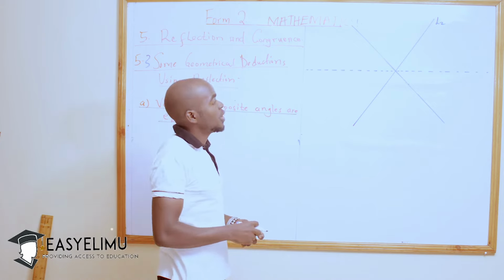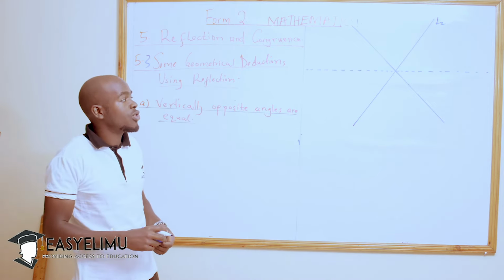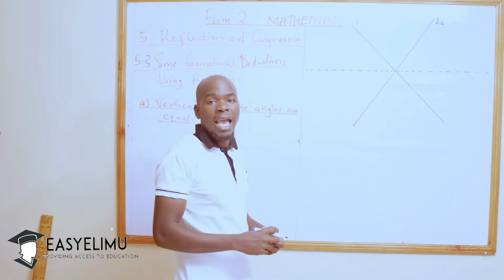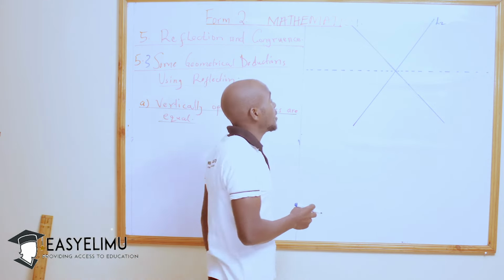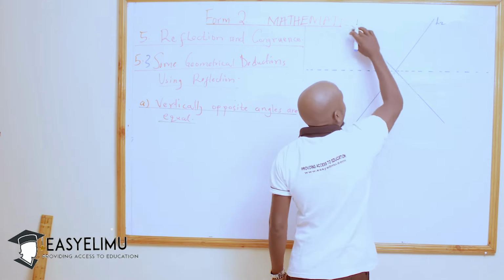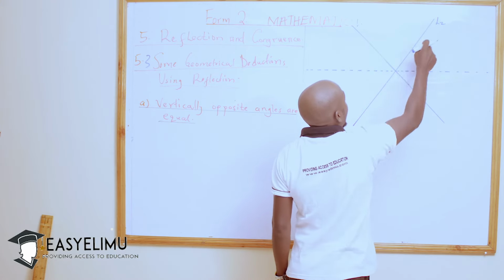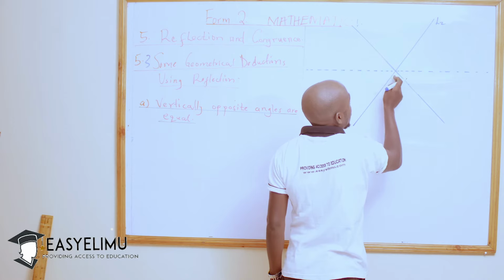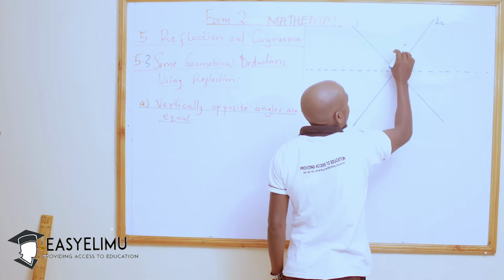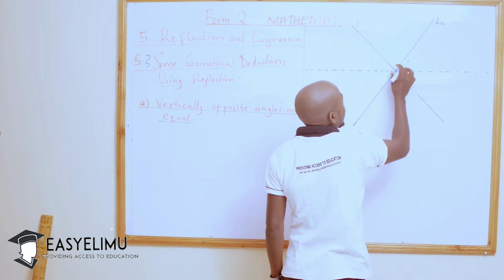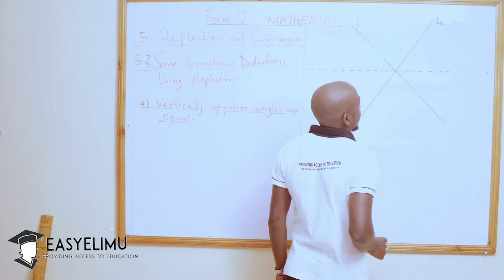There we can see that we have some angles which form when the lines intersect each other. Line L1 and L2 are intersecting at this point, so at this point we shall have an angle here, another one here, another one here, as you can see.